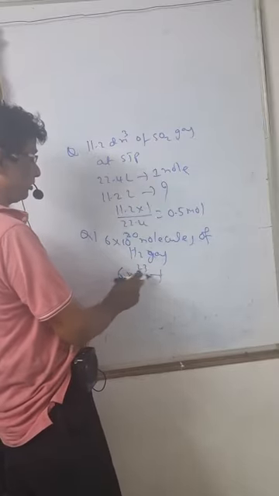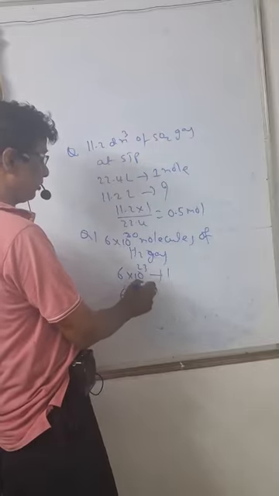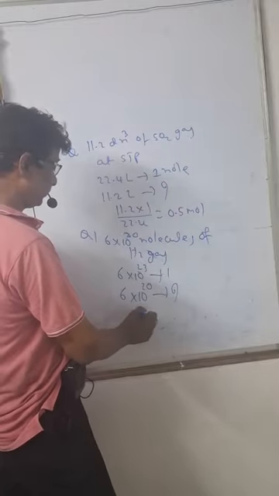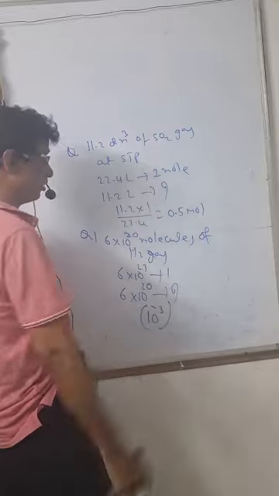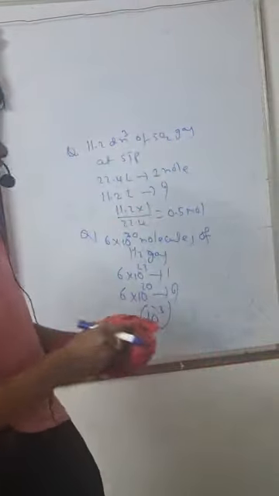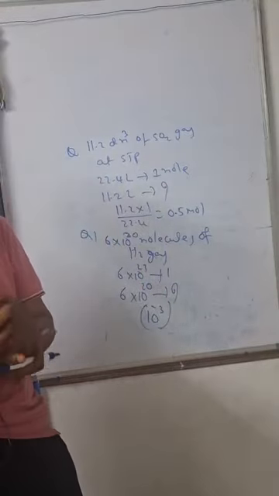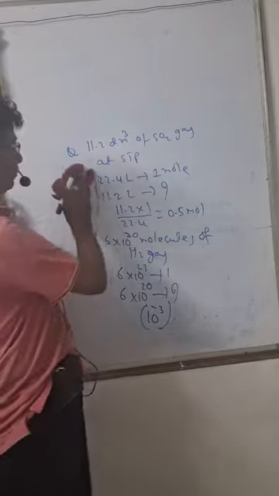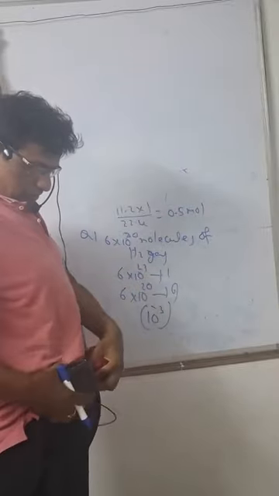Approximately 6 into 10 to the power of 23 is 1 mole. 6 into 10 to the power of 20, how many moles? You cross multiply this, you get 10 to the power of minus 3. Answer is 10 to the power of minus 3. So anything, mass to moles, volume to moles, number of molecules to moles, that in stoichiometry we study this.